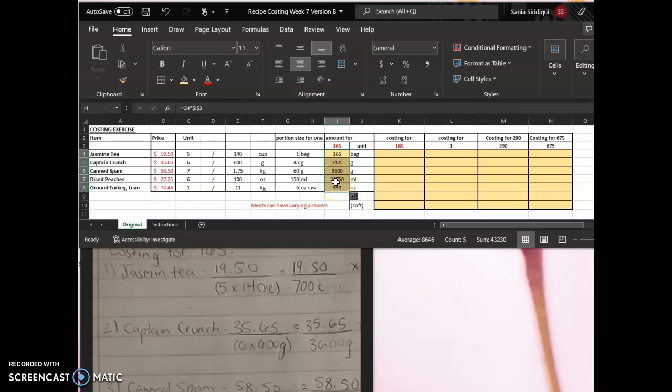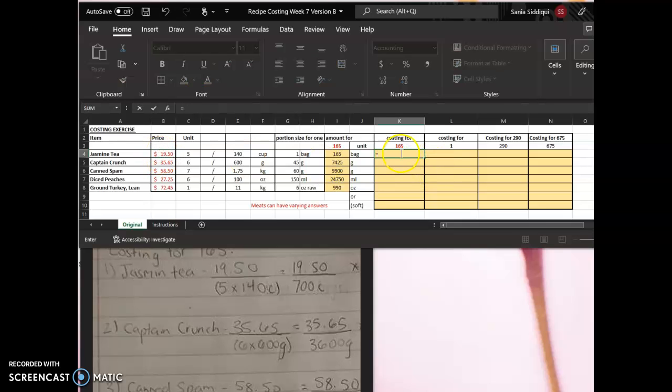The next thing to do is figure out how much it costs for 165 portions. To do this, first of all, we take our price per unit, which is $19.50 for Jasmine tea. Hit the equal sign, of course.